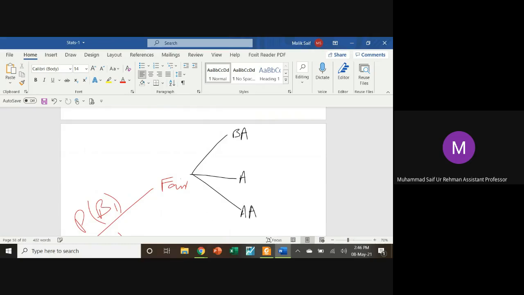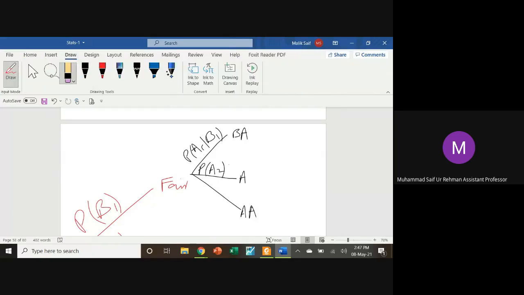Or you may write down A1, A2, A3. Fine. And then here you write down probability of below average, which is A1, so A1 given B1. Similarly, probability of A2 given B1.